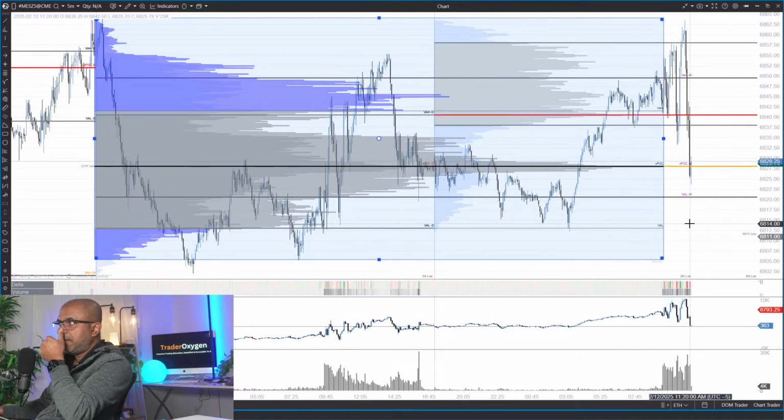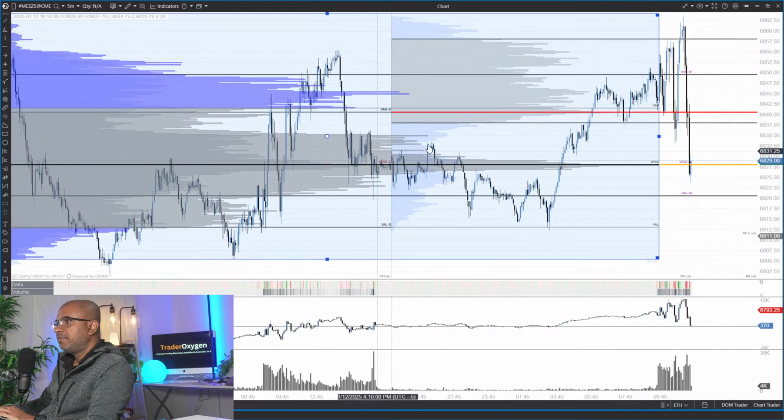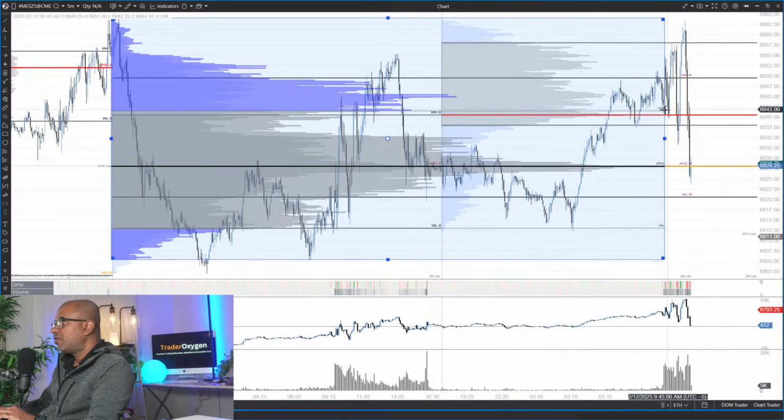You can see that around 9:30 the S&P 500 also pushed the price away from the value area high. However, it again came back inside into the value area around 10:30.